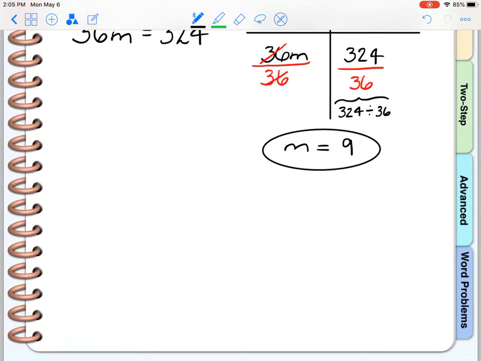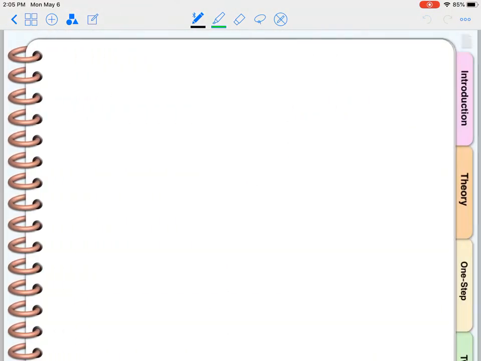Okay, I think I'm going to go to the next page for this one. And I have 168 equals 56A.